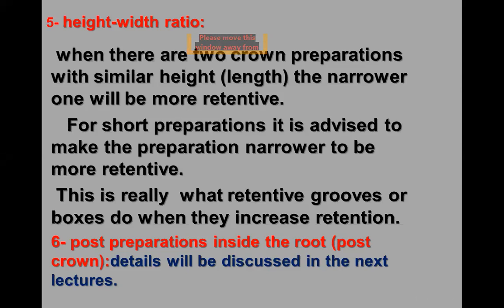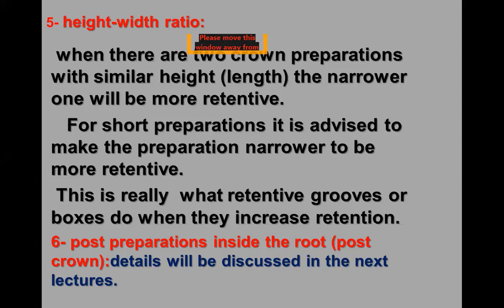We reduce the dimension of the preparation. We can make the opposite walls nearer to each other. What does it mean? That means we make the short preparation with a narrow dimension. This will lead to more retention.